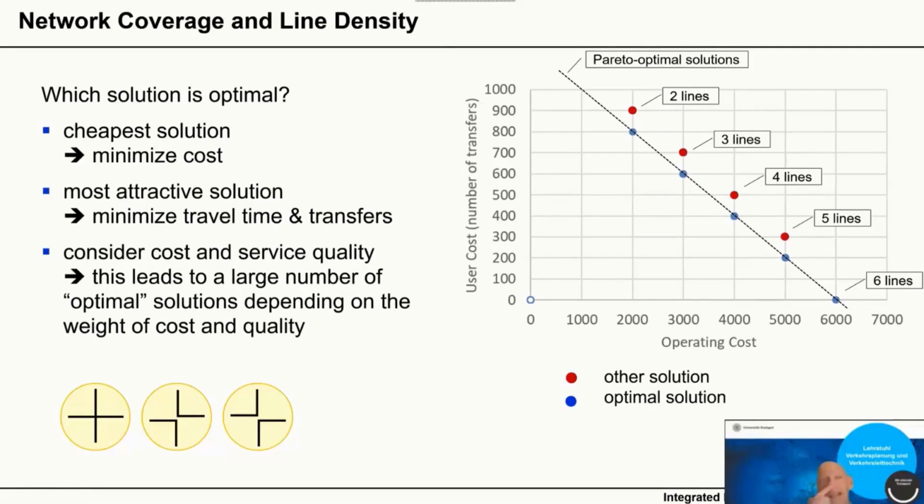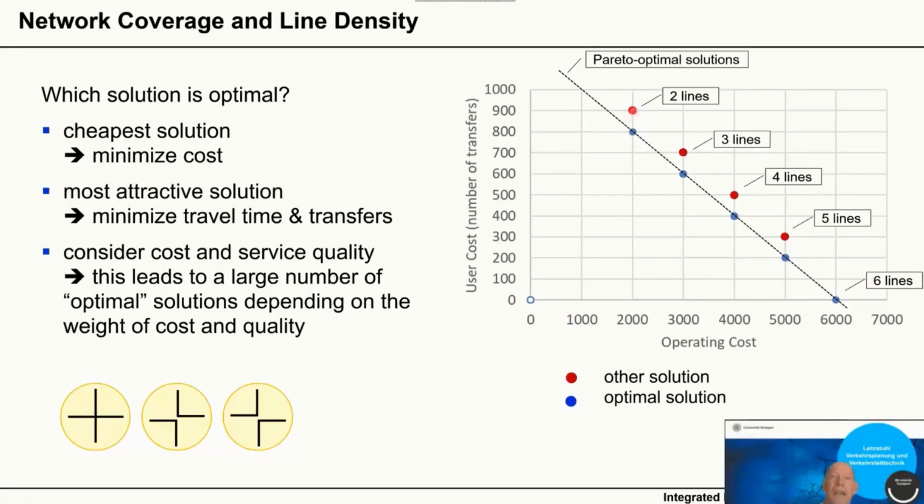And in my little example, assuming that every line has the same price, I can either go for 2 lines, 3 lines, 4, 5, or 6 lines, and then the prices would rise. And for every solution, I can then decide which combination is the best.